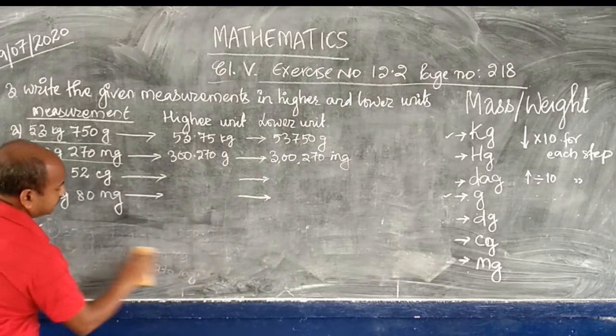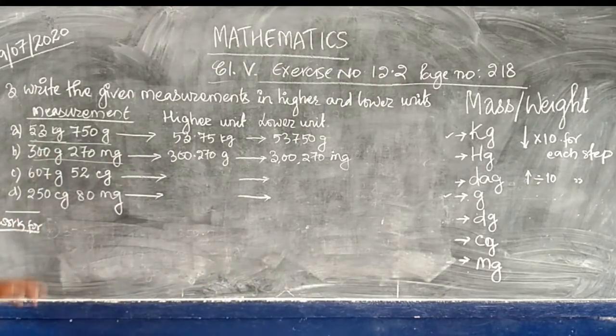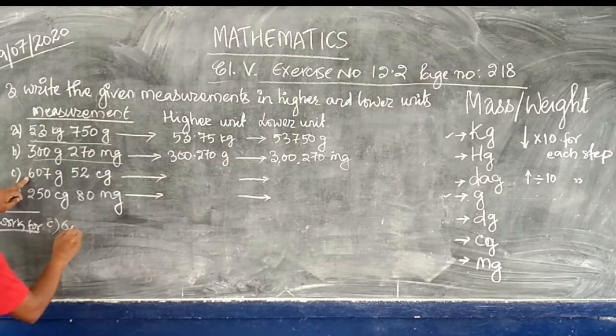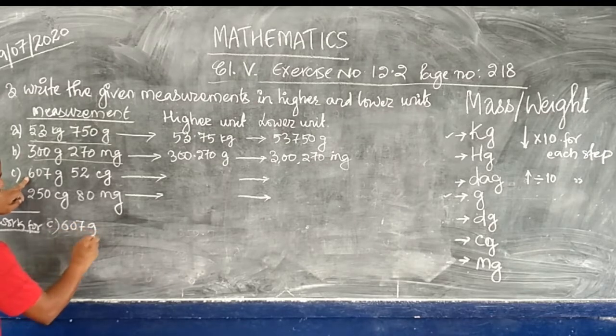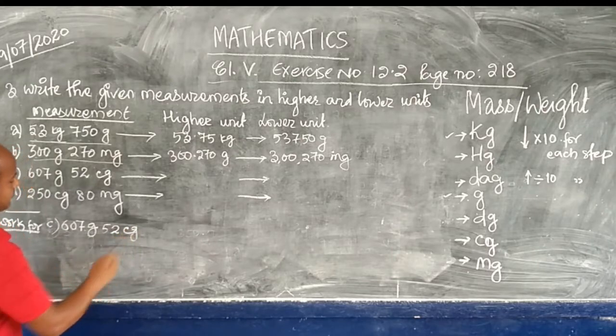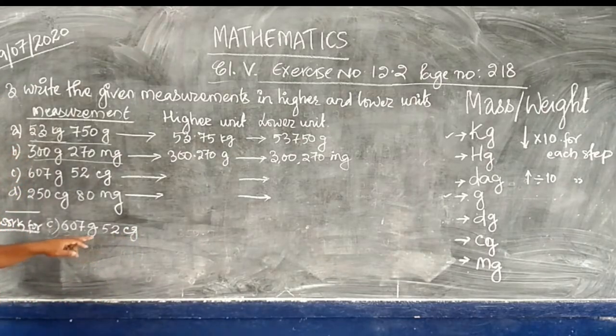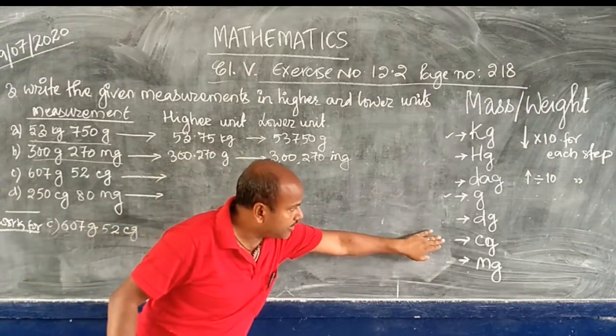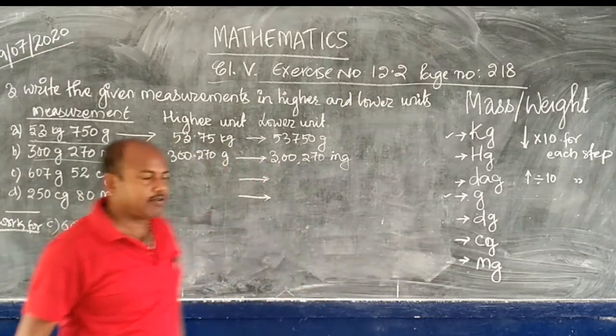Let's do number C now: 607 gram, 52 centigram. So gram and centigram. Gram is the bigger unit. Centigram is 2 steps down, which means 100.